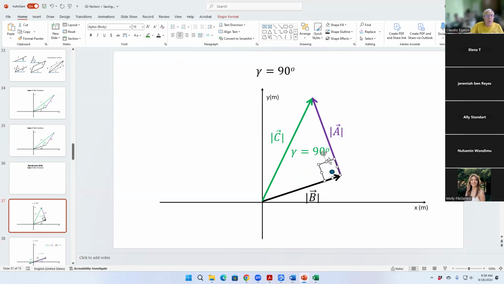Well, for some reason, it didn't change the color, but that's okay. The vector A, which was something like that, now becomes something like that, and the resulting vector C changes as well.